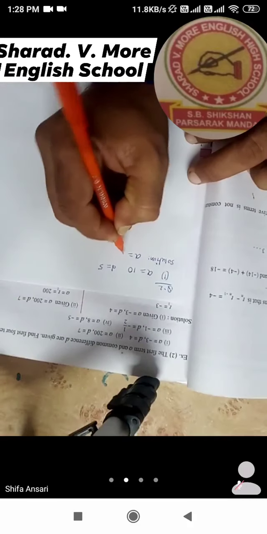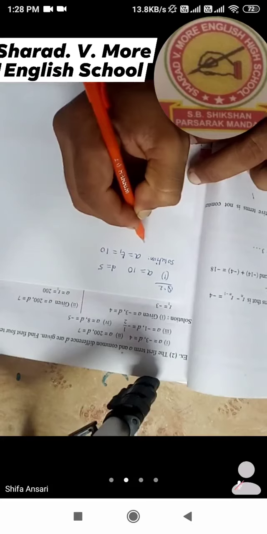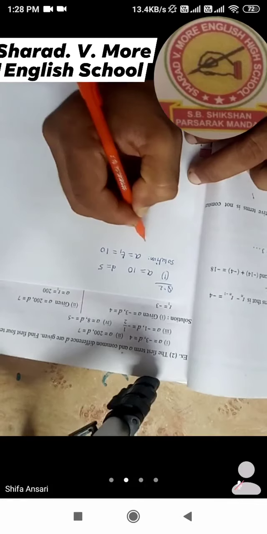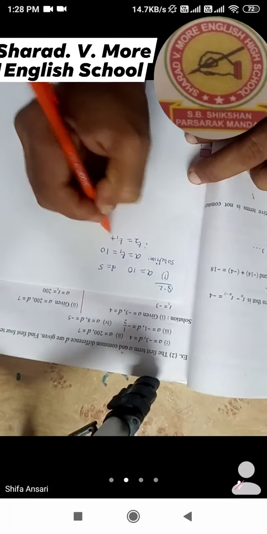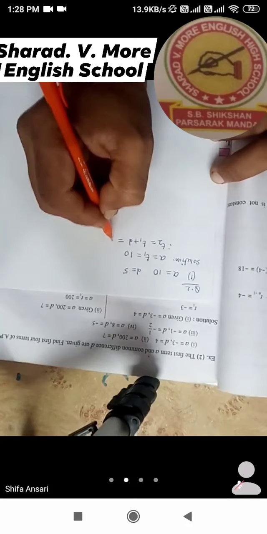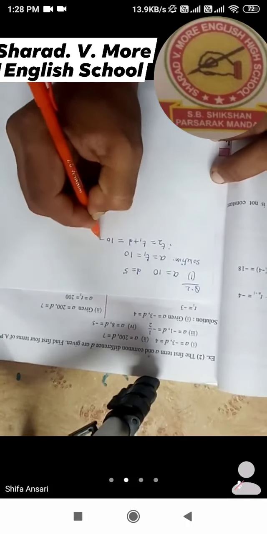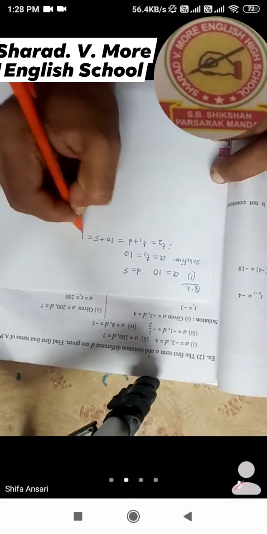Okay, now yes, write down. a is equal to t1 and this is equal to 10. Now we have to find out the t2. Therefore, t2 is equal to t1 plus d. Now t1 is equal to 10, 10 plus d is equal to 5. So 10 plus 5 is equal to 15.